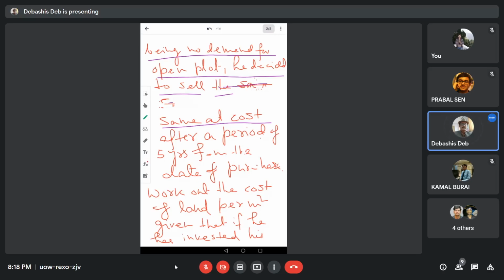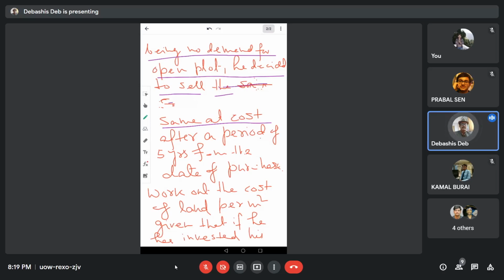But again, he spent another capital for the godown, etc. But he noticed that after doing all the things, nobody is approaching for purchasing any plot, because there is no demand for plots. So after 5 years from the date of purchase, he decided enough is enough.